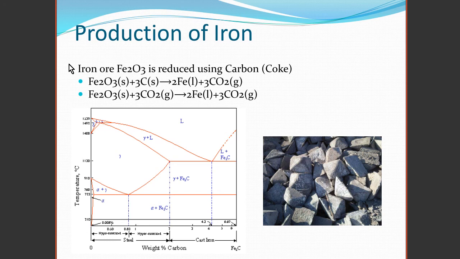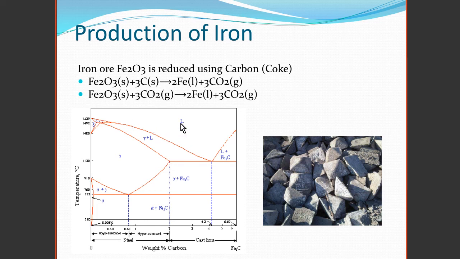We mix the iron ore and the coke together and heat it up in a furnace. Inside, at high temperature, there will be a reduction reaction where the carbon reacts with the oxygen in the iron oxide, reducing the oxide to form iron and carbon dioxide.